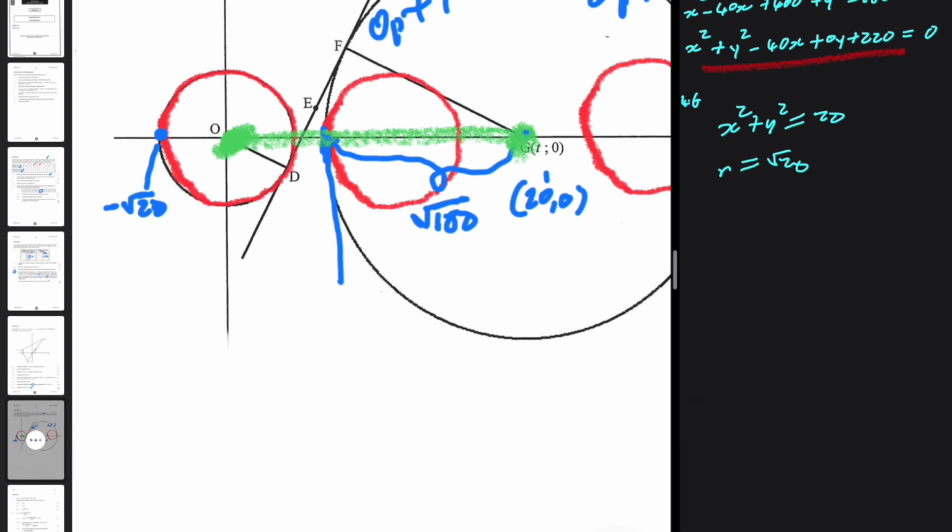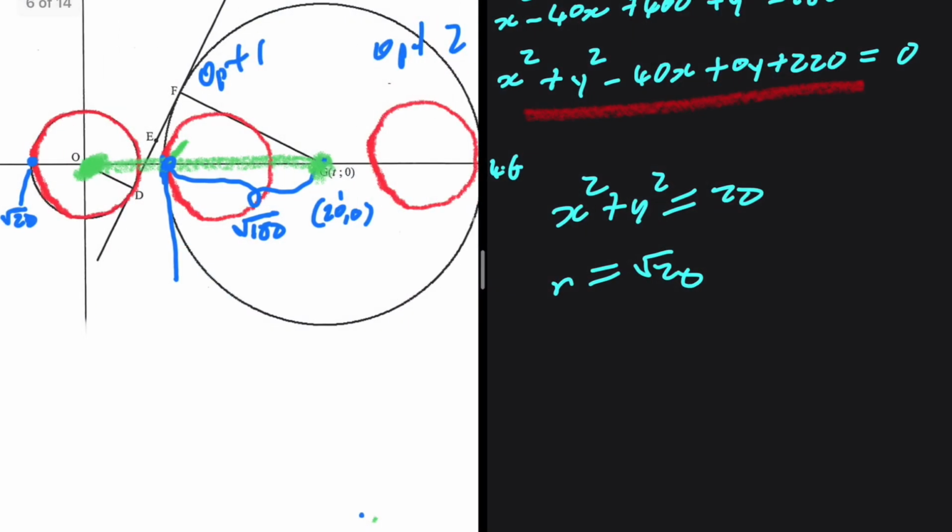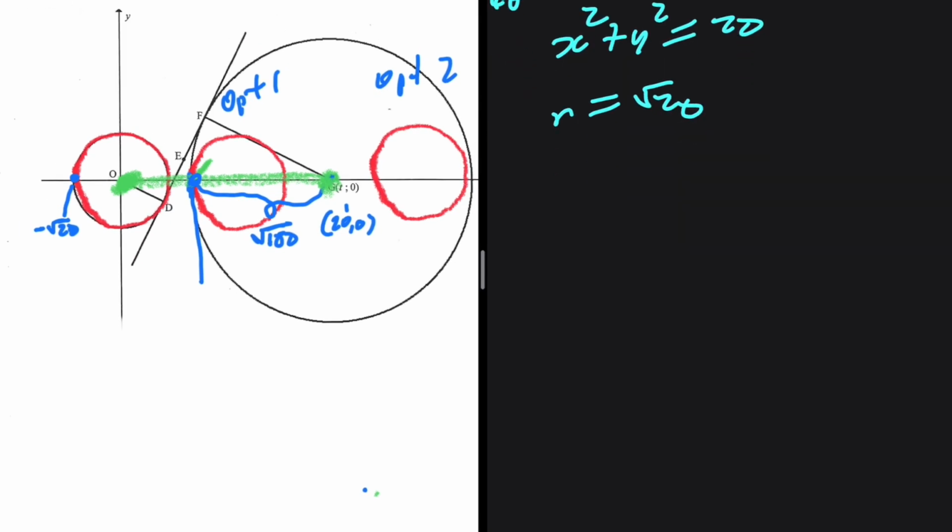So if we want to find the x coordinate at this point that we're interested in, let me enlarge where I have to write now. We can just say that the x coordinate at that point, let's call it q, the value of q is equal to 20 minus square root of 180.